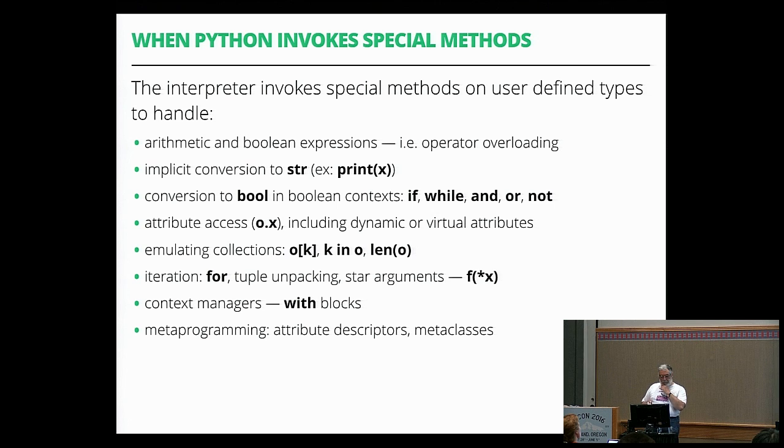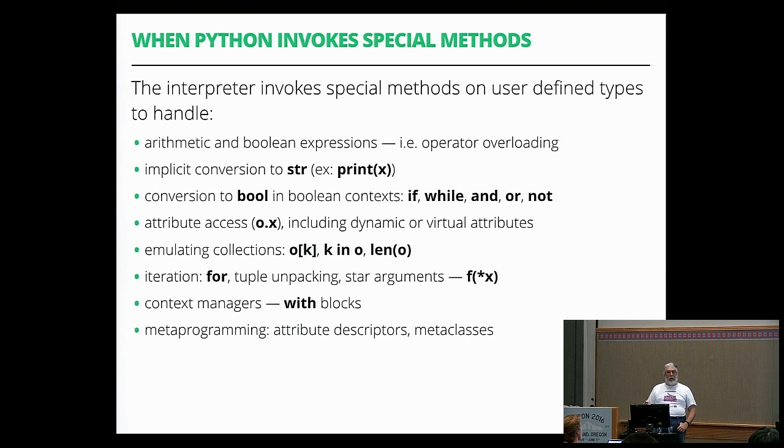So when does the interpreter call those special methods? To do many things. It does that to do operator overloading, so when you use your objects in arithmetic and Boolean expressions. When you do implicit conversion to a string, like when you do print of x, the str method is called.